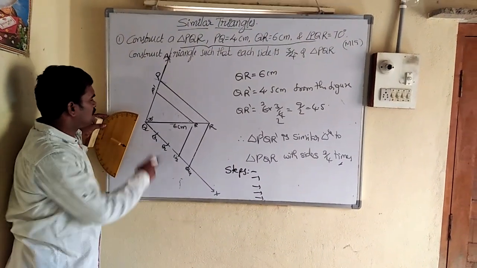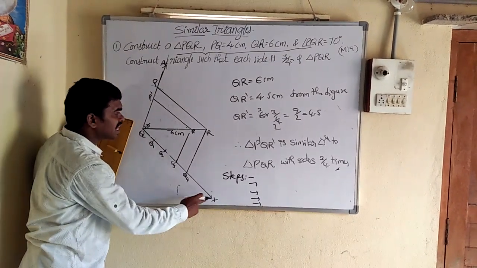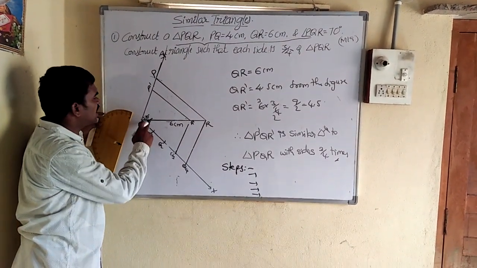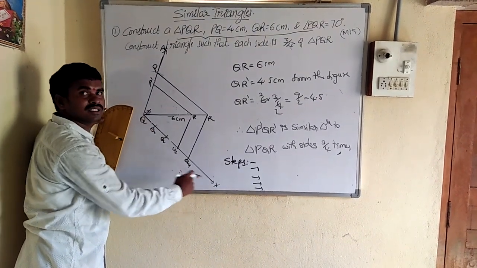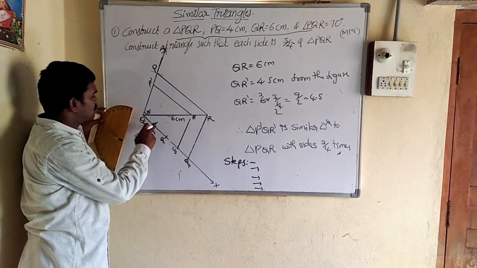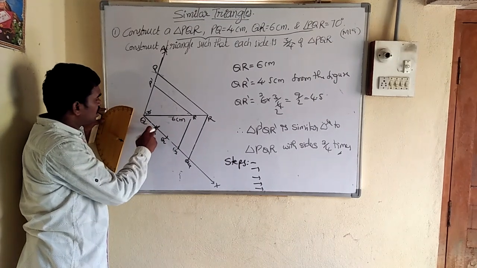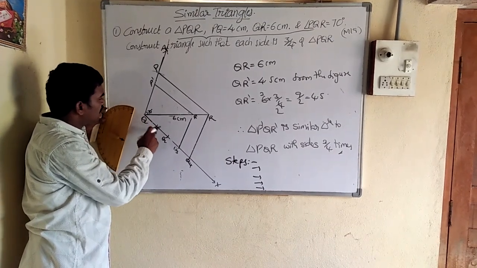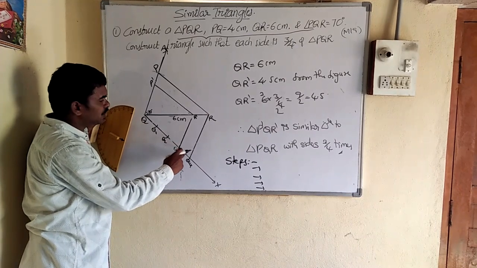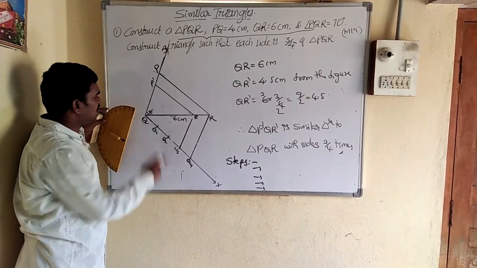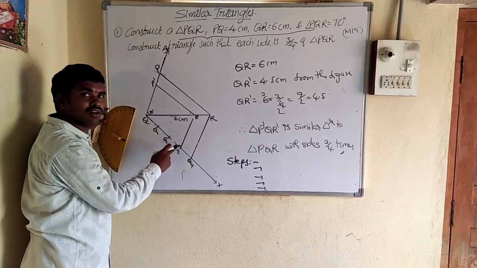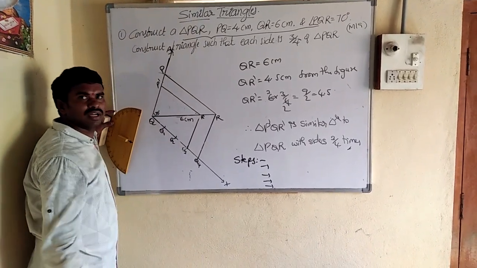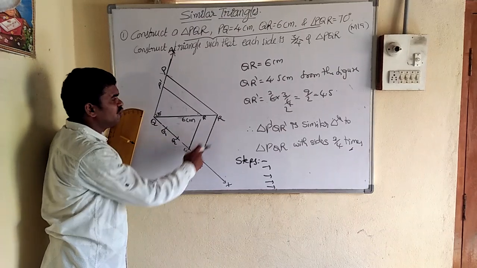Next, draw a ray QX with some acute angle at Q. Next, draw arcs with the same radius, Q1, Q2, Q3, Q4, such that Q1Q2 equals Q2Q3 equals Q3Q4. Next step, join Q4R.